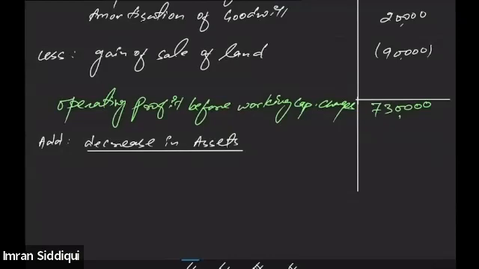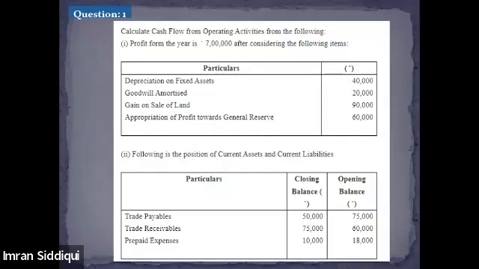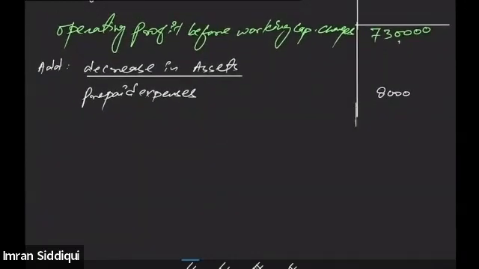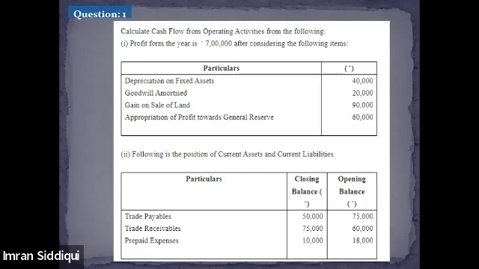There is a reduction in the value of the prepaid expenses. There is a reduction of how much? Reduction is of 8,000. So we will add 8,000. All right. Now, apart from this, if there is increase in the value of the liability, we will have to add that as well.